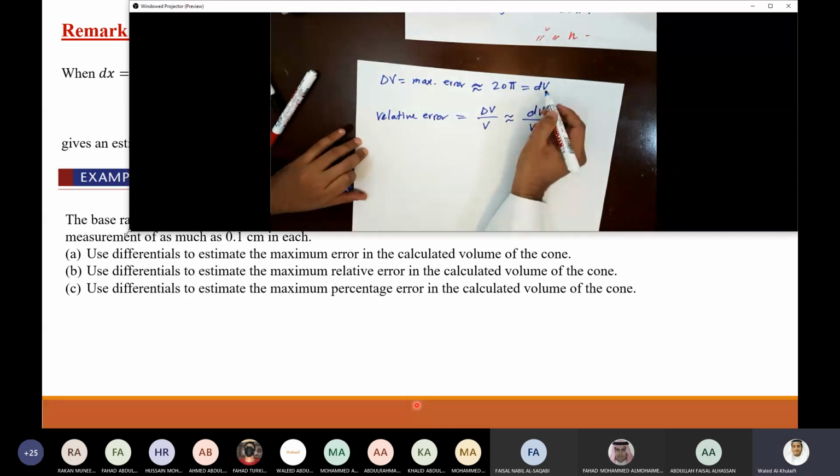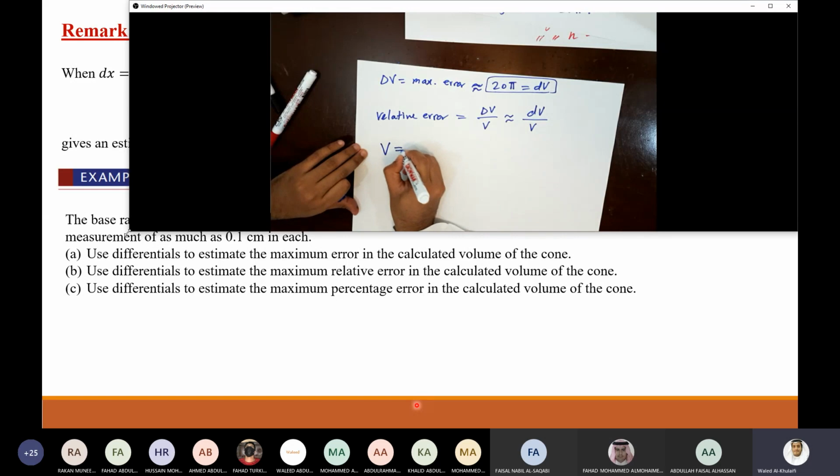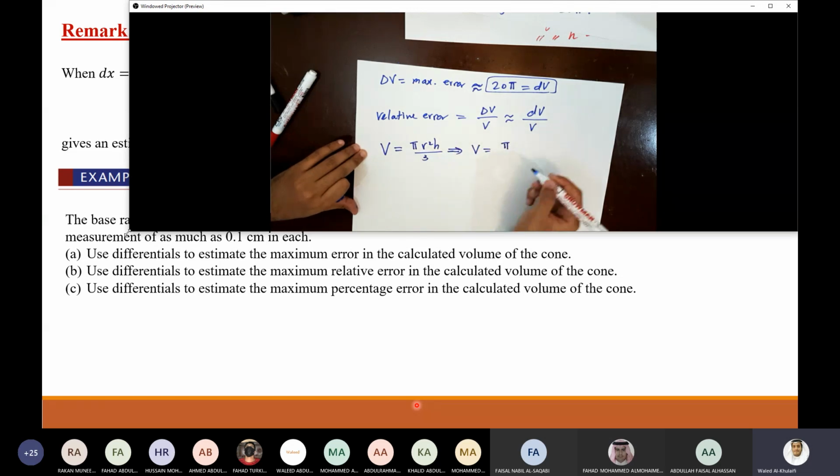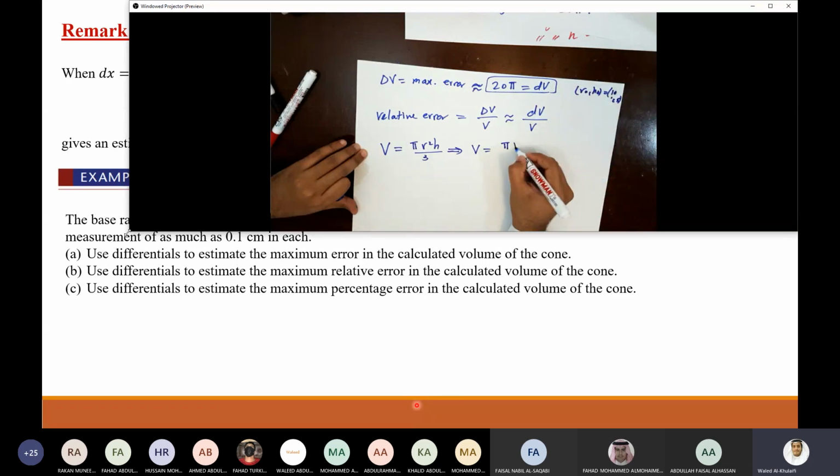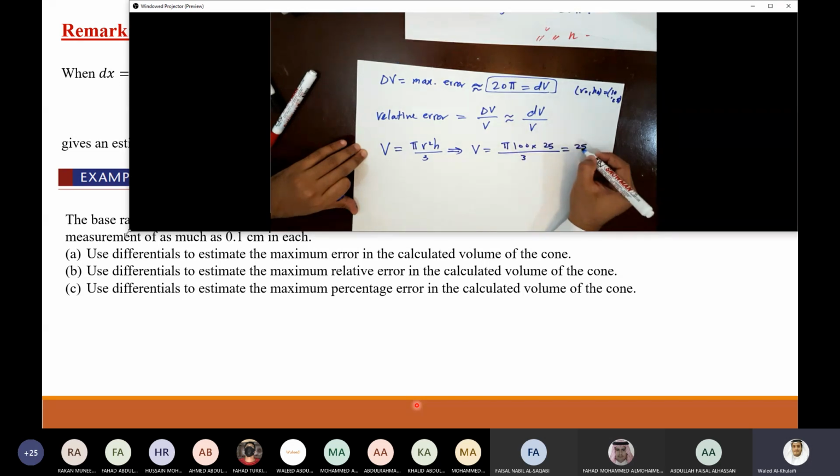Now this dV, and V, guys, V equals pi r squared h over 3. So this implies that V equals pi, of course keep in mind guys, r naught and h naught equal 10 and 25. We substitute here and we have 100 times 25 over 3, so we have 2500 pi over 3.